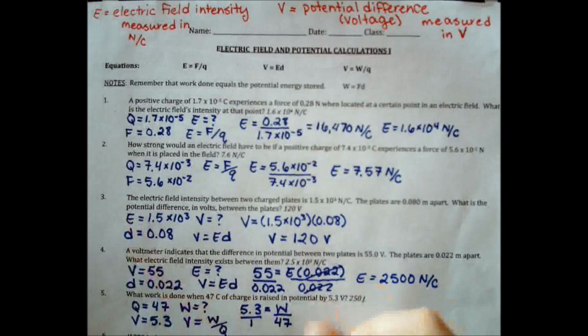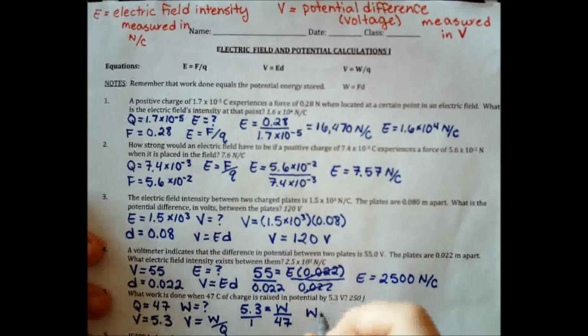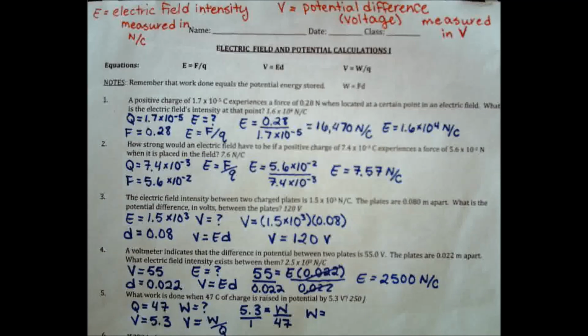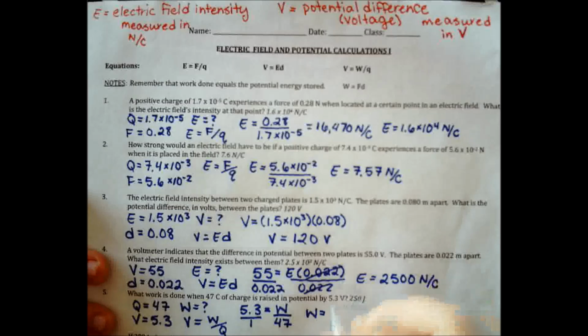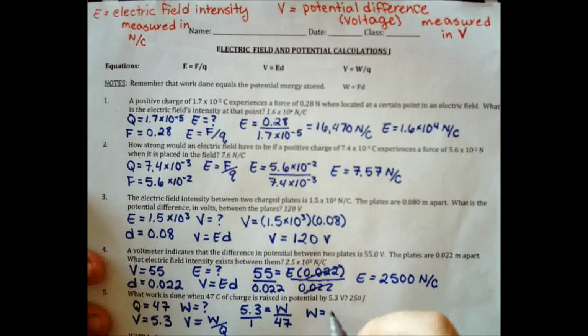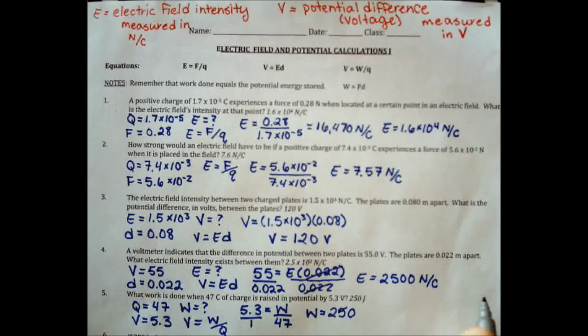So we're going to cross multiply. W equals 5.3 times 47. And you actually get 249.1, but apparently the overload is two nice round numbers, so sure, we'll say that that's 250. Remember that work is equal to the change in energy, so it has the same units as energy, which is joules.